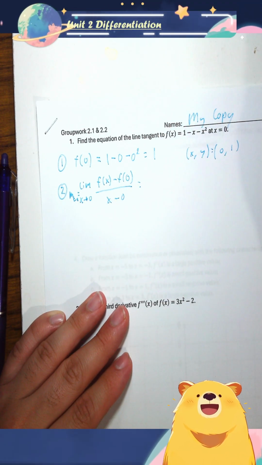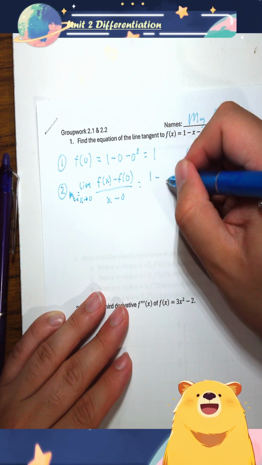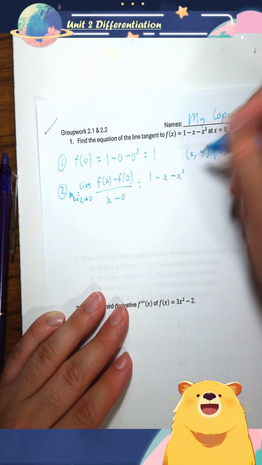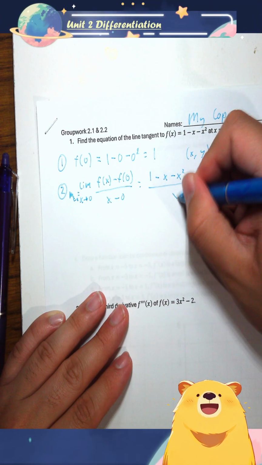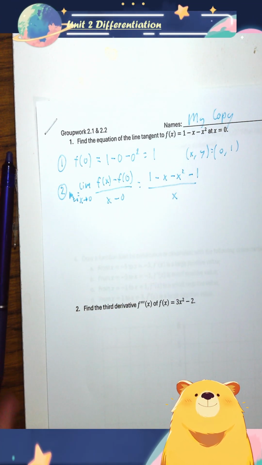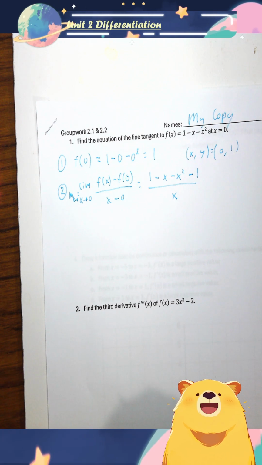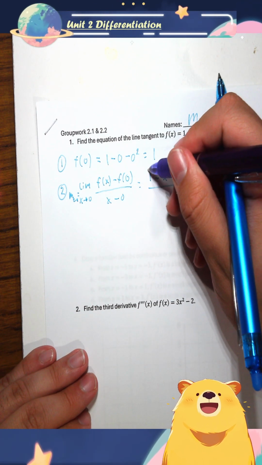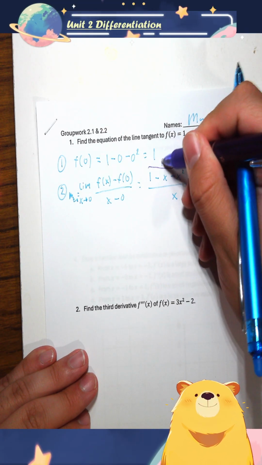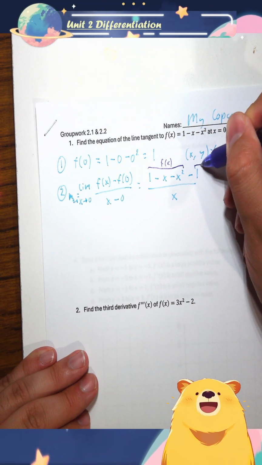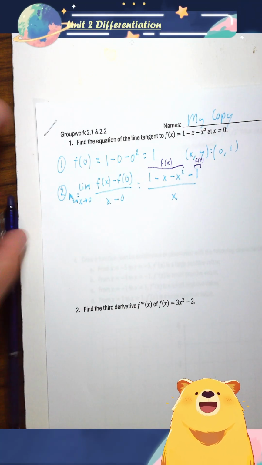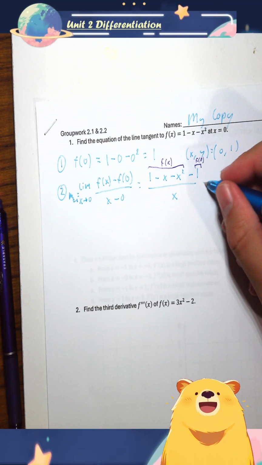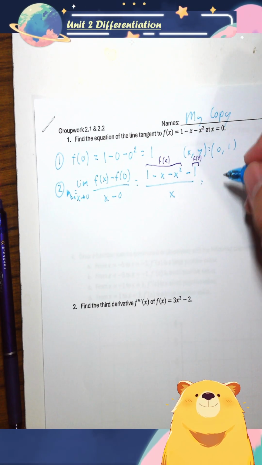That gets simplified to 1 minus x squared minus 1 over x. Keep in mind, again, this guy over here is your f of x, and just this one is your f of 0.